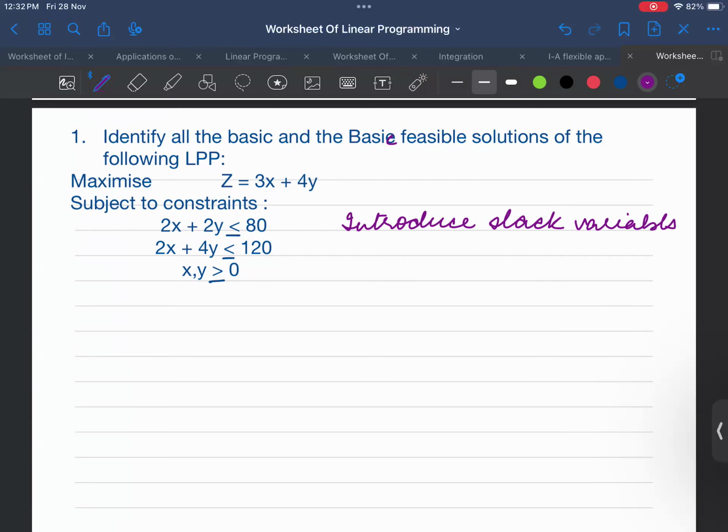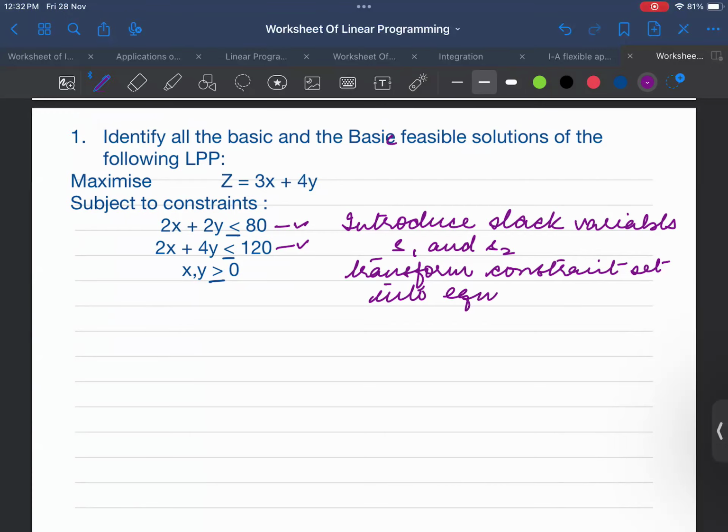The number of slack variables will be equal to the number of equations. So let's say the variables are S1 and S2. And we transform the two constraints into an equivalent set.